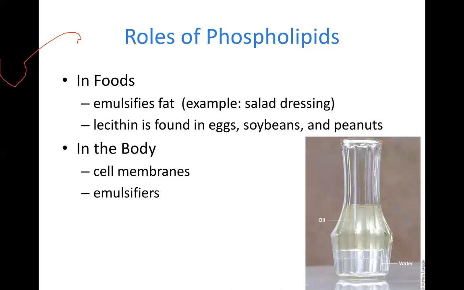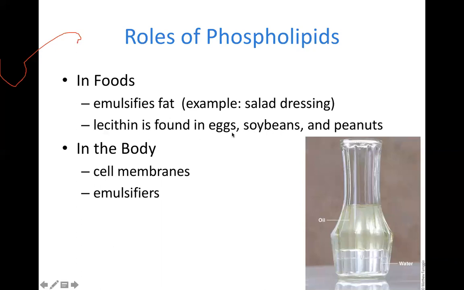You can buy salad dressings that have emulsifiers, and you can also buy salad dressings that do not have emulsifiers. But one that I've seen that does have an emulsifier is Wishbone Italian. And I know it has an emulsifier because I can't see the levels of oil and water separated. They're all mixed together. So salad dressings are just one example where they add a phospholipid to help mix the oil and the water together so that it all comes out kind of evenly.